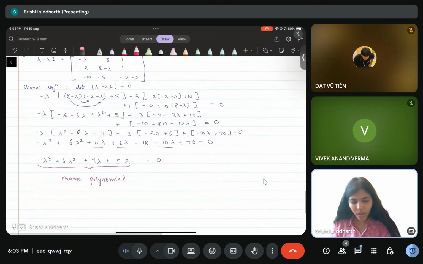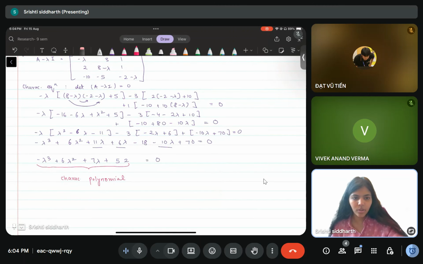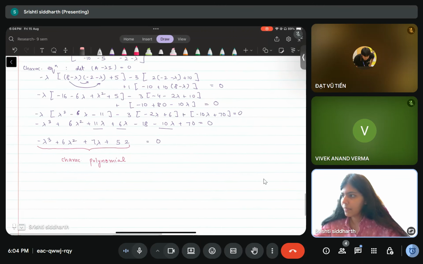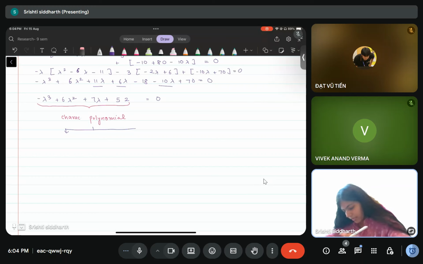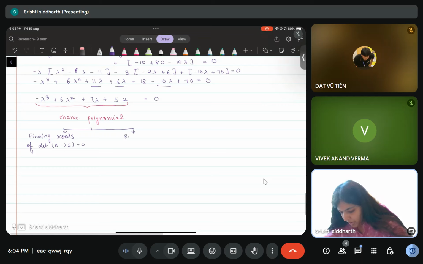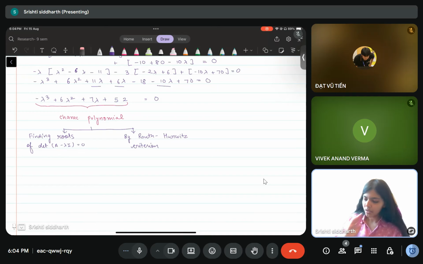One is actually calculating the eigenvalues by equating it to 0 and finding the roots of this equation, or second, we can use the Routh-Hurwitz criterion.